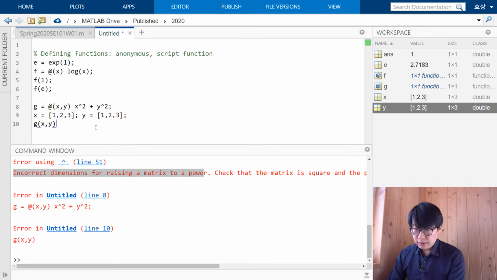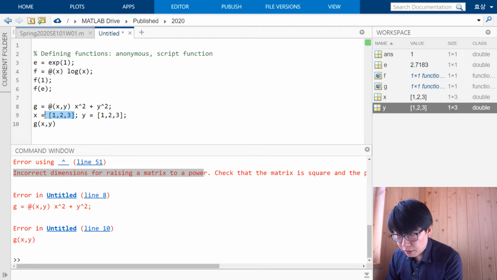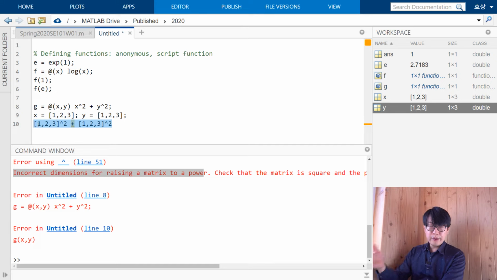What this function tries to do is put the entire array into the formula of x squared and y squared. So basically it tries to compute 1, 2, 3 squared. This doesn't make sense because 1, 2, 3 is a 1 by 3 matrix, and you cannot multiply a 1 by 3 matrix with a 1 by 3 matrix.